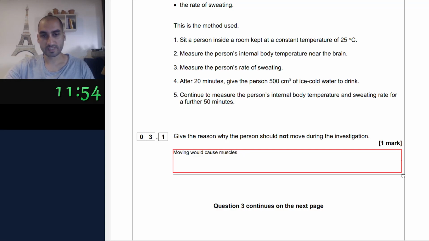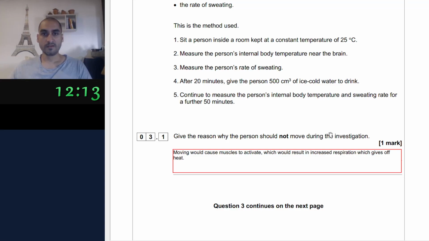Moving would cause muscles to activate, which would result in increased respiration, which gives off heat, and that would affect the temperature.